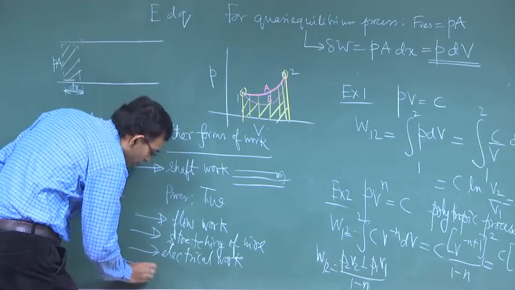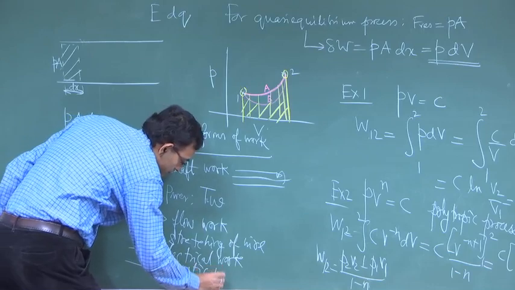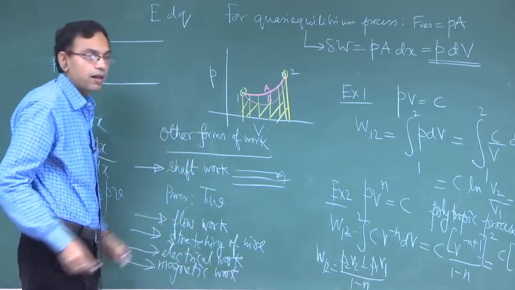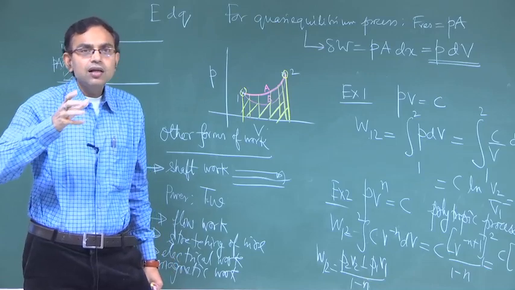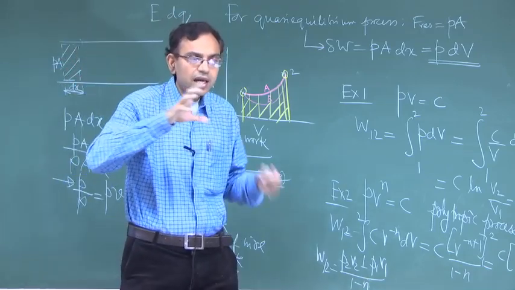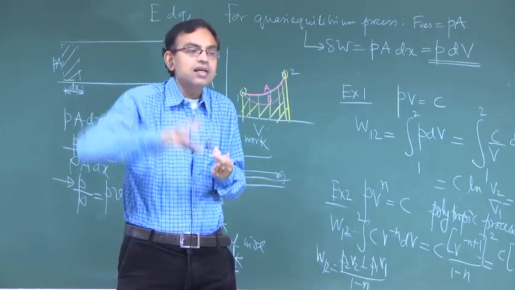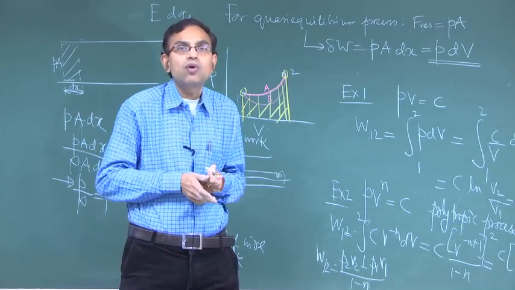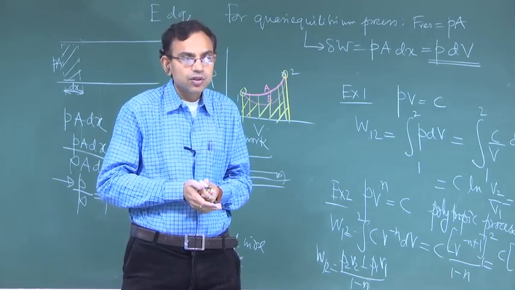And then you could also have magnetic work. So, if you have ions in a paramagnetic salt and then you apply a magnetic field to orient the ions in a certain direction, then you do some work. This is called magnetic work.